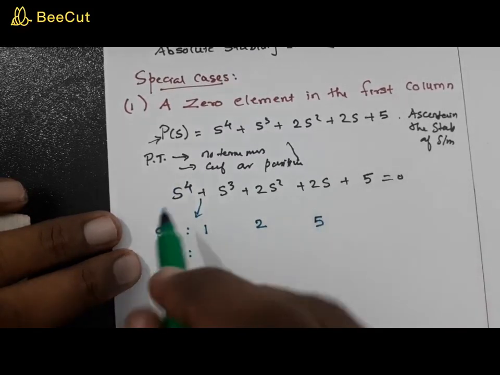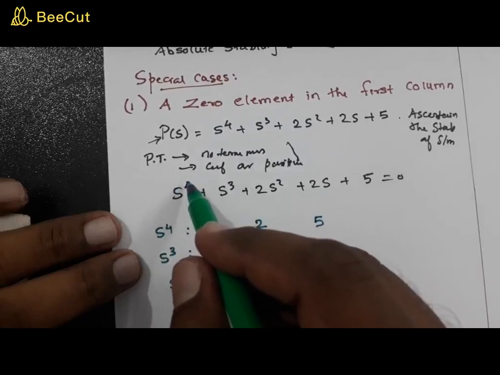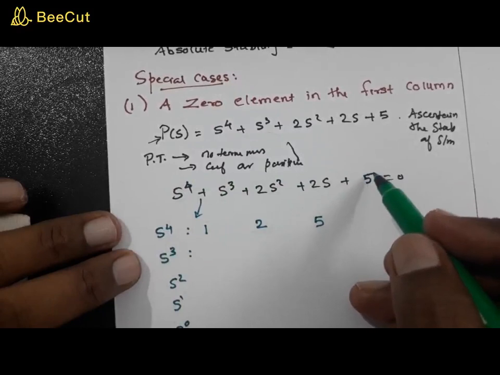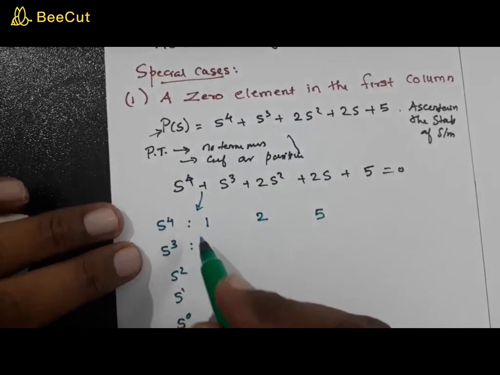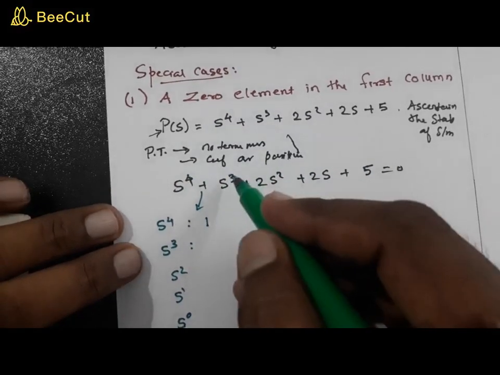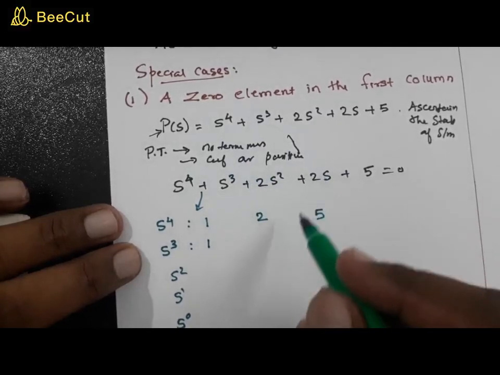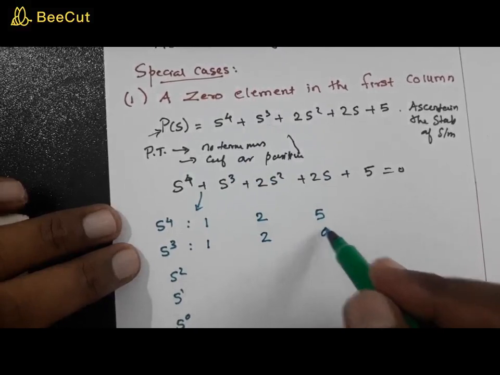If n is equal to 4, then n minus 2 is 2, then n minus 4 is 5, or s raised to 0. Then coming to s cube, n is equal to 3, so the coefficient is again 1, then the next coefficient is 2, and the rest is 0.